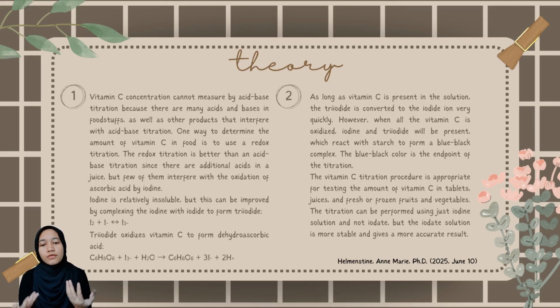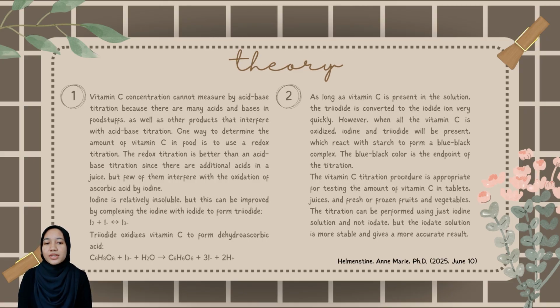Iodine is relatively insoluble, but this can be improved by complexing the iodine with iodide to form triiodide. This is the equation. Triiodide oxidizes vitamin C to form dehydroascorbic acid.